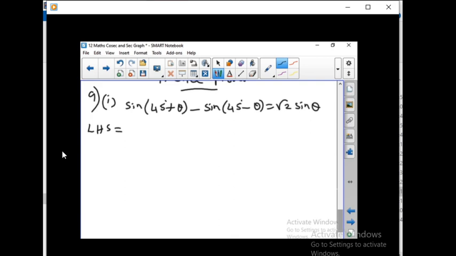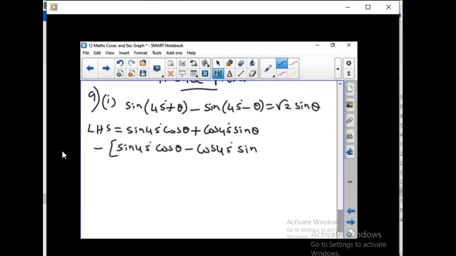So sin(45 plus theta) is sin 45 cos theta plus cos 45 sin theta, then minus of sin 45 cos theta minus cos 45 sin theta.